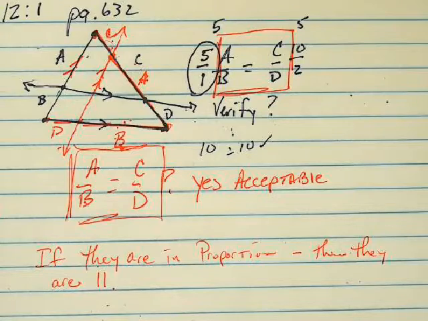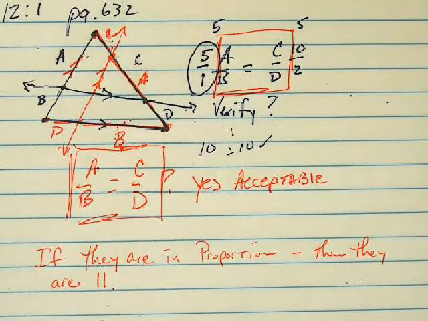When I say then they are parallel, what's that mean? The segments. That means the side of the triangle and then the line segment that we put in. Okay? So if I can show that they're proportional, equal ratios, then I know that they're parallel. Okay, so it works both ways. All right? Everyone good?